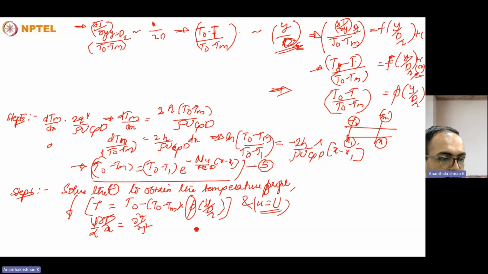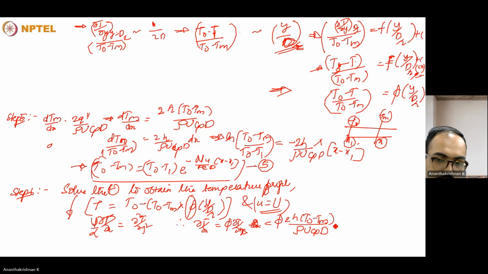Therefore dou T by dou x can be written as phi into dou Tm by dou x, the variation of dou Tm by dou x. We know this from the energy balance, so that is h into T0 minus Tm divided by rho U Cp D. So we do some kind of manipulation here as well.